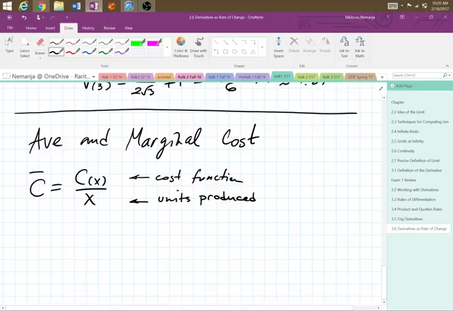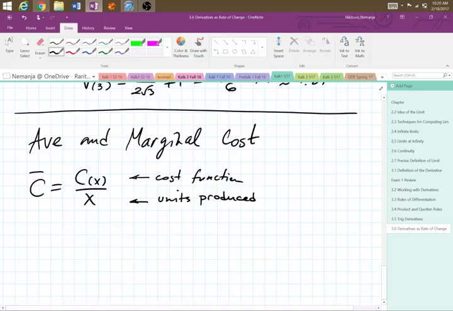But as I said, the cost of the first unit is not going to be the same as the cost of the 100th unit. Because if you only produce one of something, that unit has to absorb the cost of facilities, cost of development, cost of everything. If you have 100 units produced, that cost is spread over 100 units.